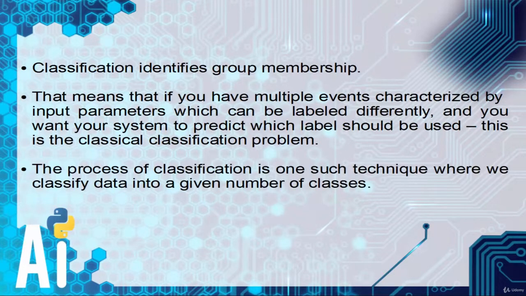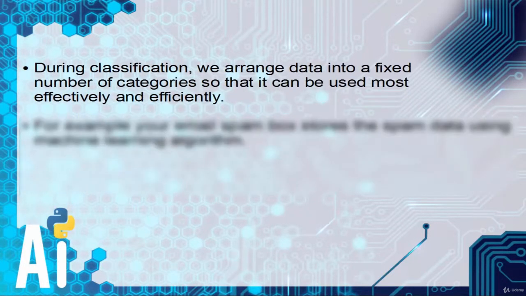The process of classification is one such technique where we classify data into a given number of classes. During classification, we arrange data into a fixed number of categories so that it can be used most effectively and efficiently.